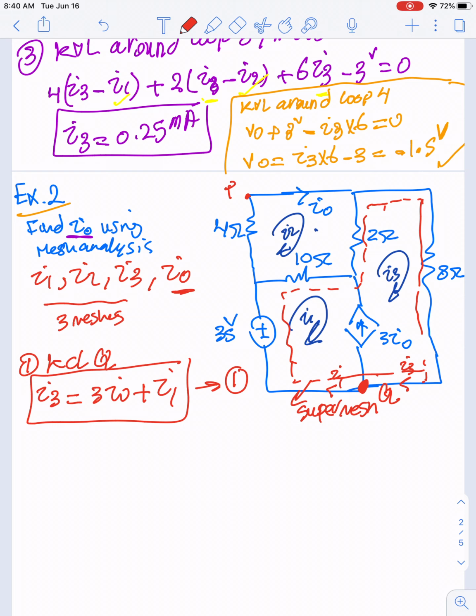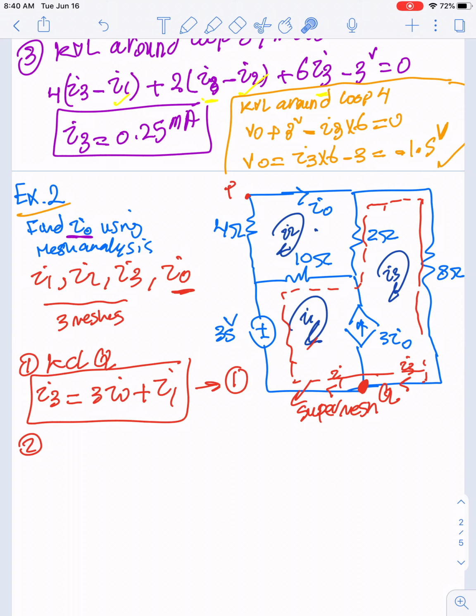The second equation that I have to do is to do KVL around this big super mesh. We have here I1 in this super mesh.